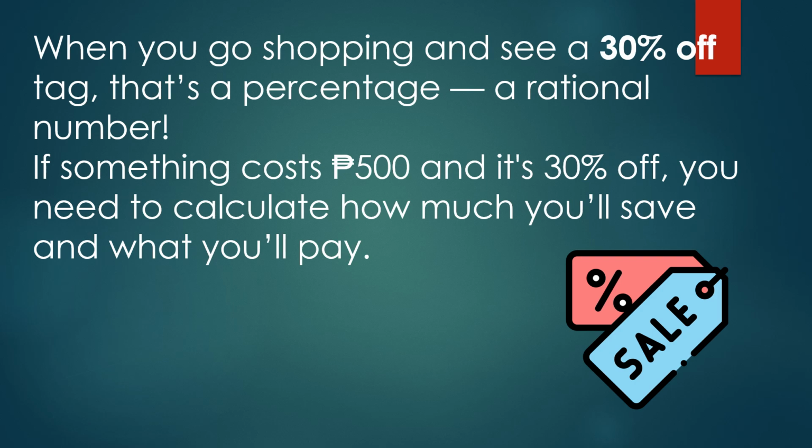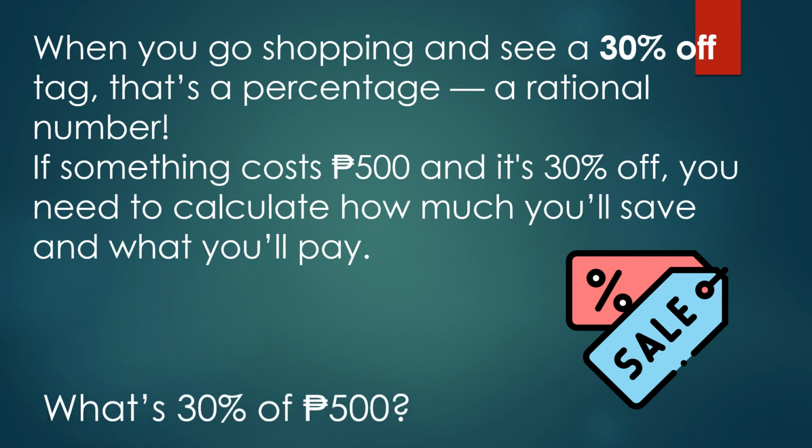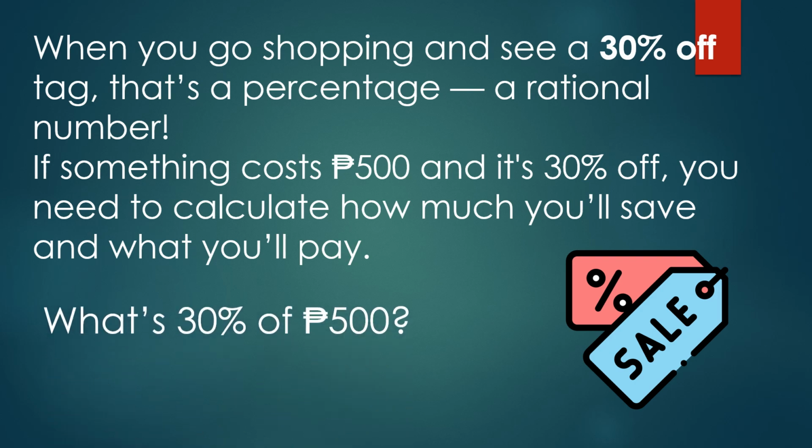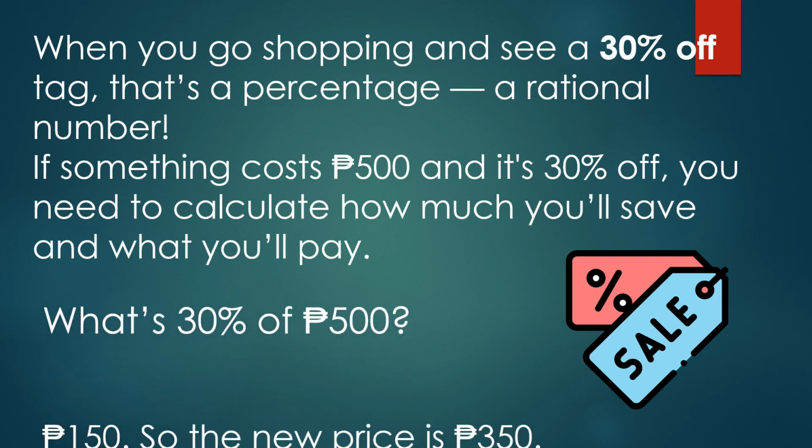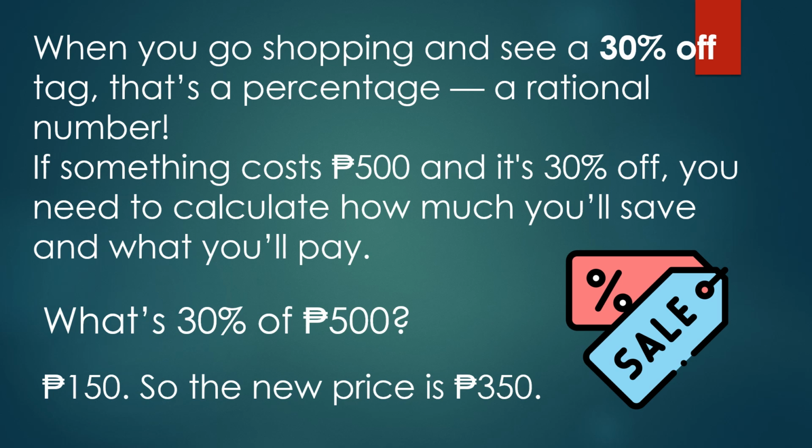Sample, when you go shopping and see a 30% off tag, that's a percentage, a rational number. So if something costs 500 pesos and it's 30% off, you need to calculate how much you save and what you pay. What's 30% of 500? That is 150 pesos. So the new price is 350 pesos.